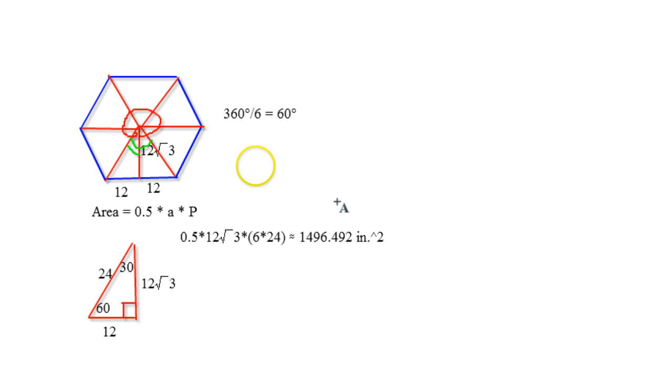But as you guys can see, this only works on a regular hexagon. If we were doing any other type of shape, we would not use this formula because it doesn't arrive at the nice 30, 60, 90 triangles that we need for special right triangles. The only other shape that actually does that is the square, but for the square, all you need to do is find one of the sides and just work with it that way.